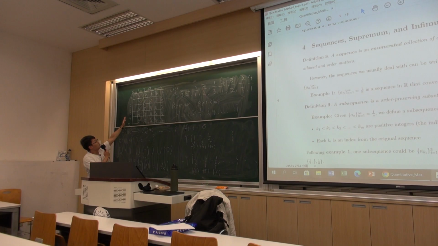And then we move to the first row, the second column, which is 2/1, and then go diagonal, which is 1/2. So you can see that the third element of this list is 1/2.